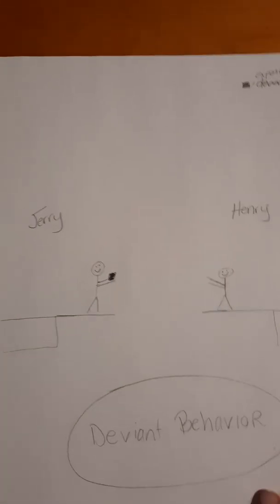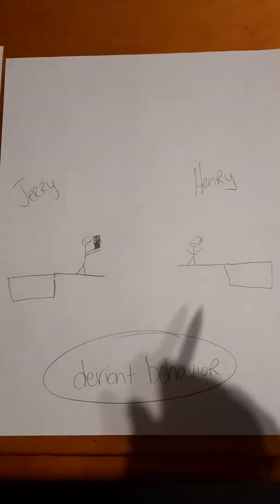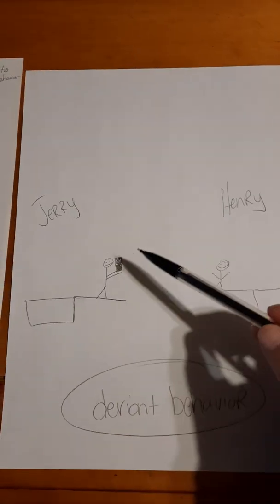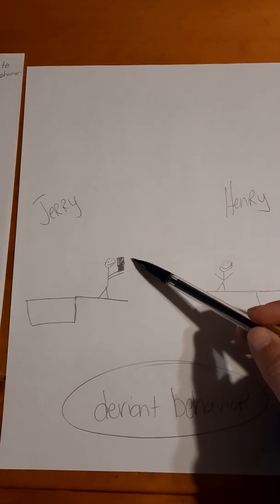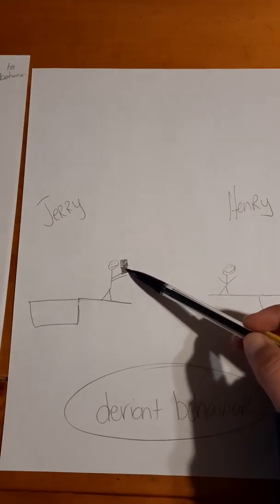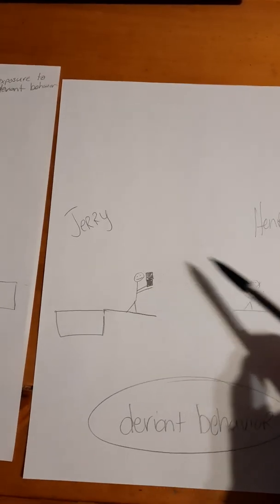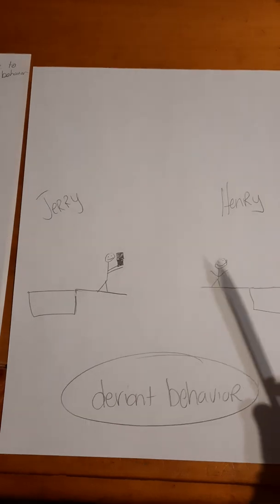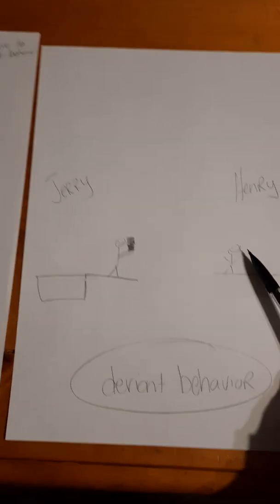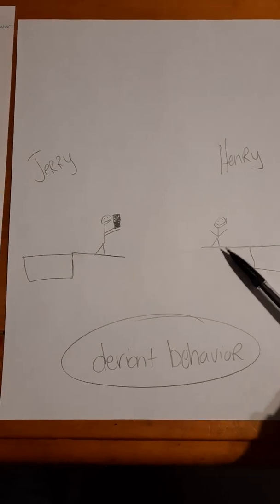Okay, so now we're going to move over to the second page. Here we have Jerry and Henry, and you see Jerry has 2 blocks because the first block represents the gang-related activity. And then let's say Henry goes home every night, eats supper with his family, cleans up after they eat, and they all go to bed, and it's just a happy life.